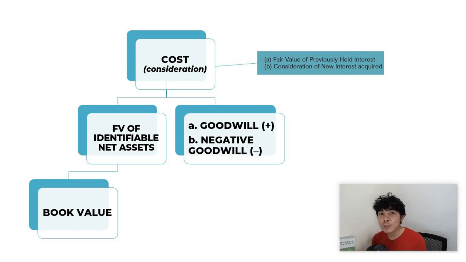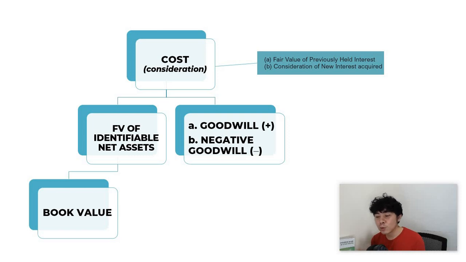Especially kung yung item of asset is measured at fair value every reporting date, di ba? Pero kung hindi naman, so may mga instances na magkaiba ang fair value at book value at the date we obtained significant influence. So kapag kaganon, kapag may difference, you also need to identify the difference between the fair value and the book value of the identifiable net assets.